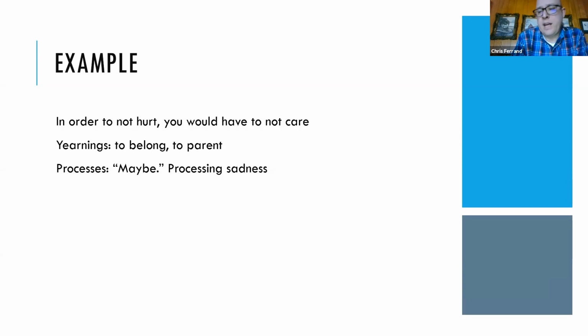In order to not feel sad, you would have to not care. And she just sort of relaxed into it, you could just see it sort of melt away. And you could tell, the tears in her eyes were very kind. I saw a process move.